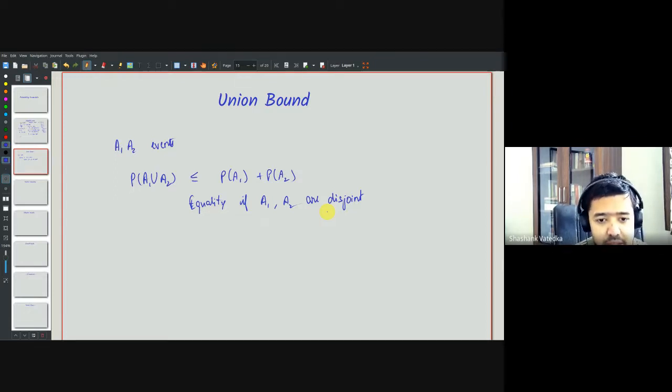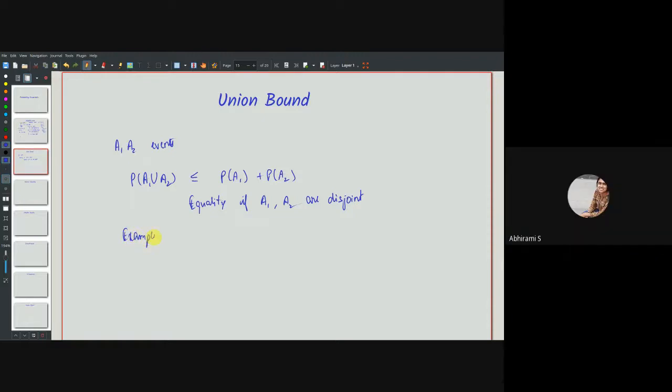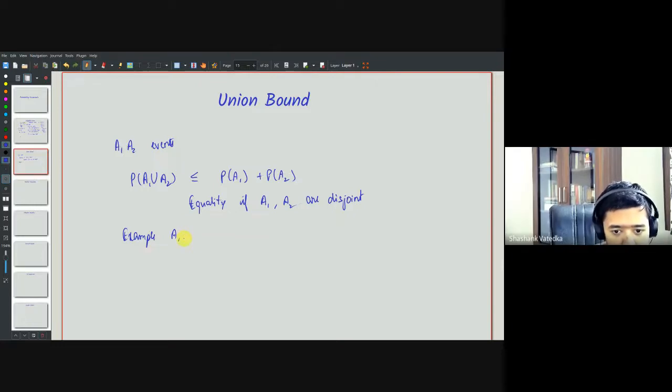Can you give an example of when this might be the case? Can you come up with some example? Sir, you mean when it is not disjoint but equality holds? Yes, A1 and A2 not disjoint, but equality holds.